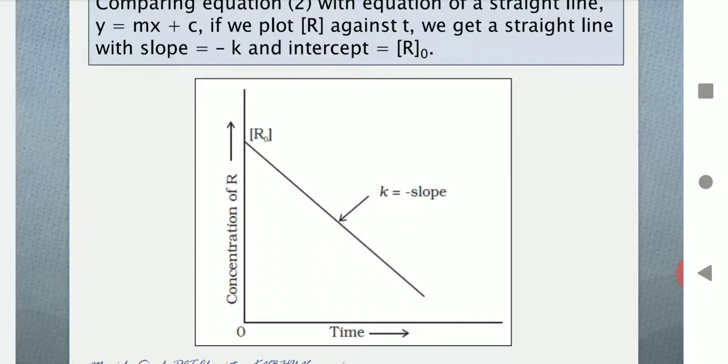For such questions, you have to pay attention to the graph: what variables are being plotted, what is taken on the y-axis, what is taken on the x-axis, what is the nature of the curve, whether it is a straight line or not, whether it is a negative slope or a positive slope, and whether there is some intercept or not. And if the graph looks like what is shown on the screen, then you can easily say that it is a zero order reaction.